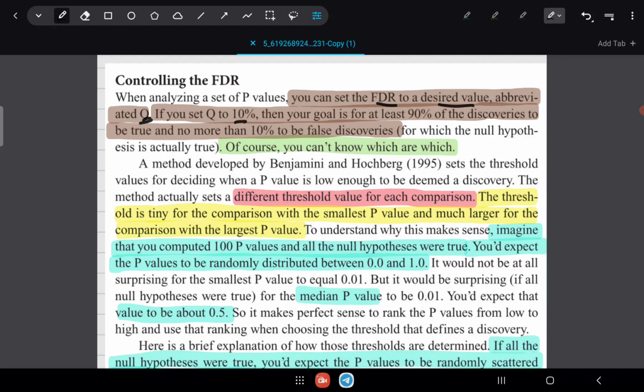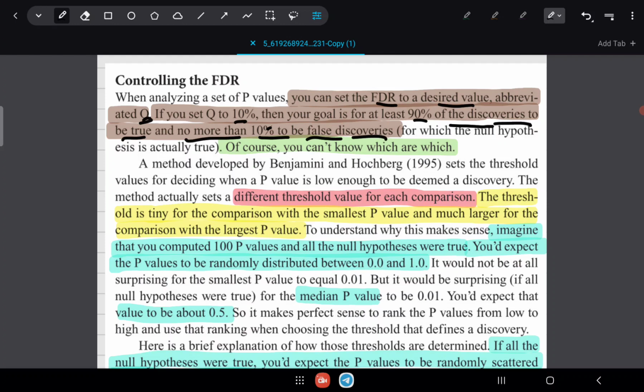It means your goal is that out of 100 discoveries, at least 90% will be true and no more than 10% will be false discoveries. If you are getting a significant p-value, that is the definition of your discovery, a maximum of 10% of comparisons will be false discoveries.